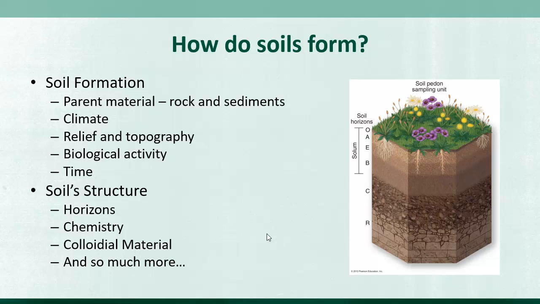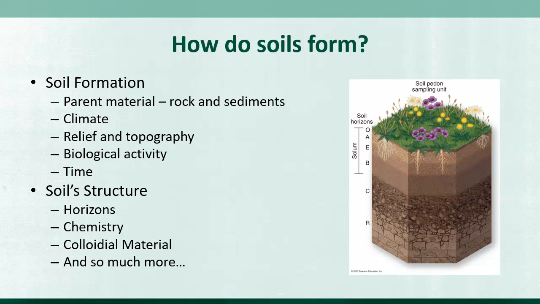Soils are formed from various processes that cause the parent material to break down and have new chemical material added to it. That parent material is the rocks that we talked about earlier in the course, or the sediments that are collected in an area for one reason or another. Climate acts on these, and as climate acts on them, the soil starts to break down.